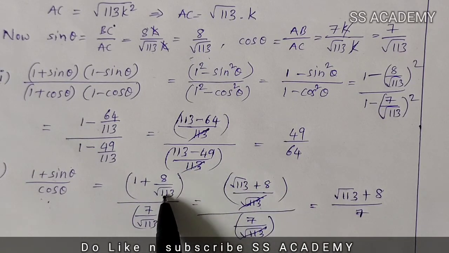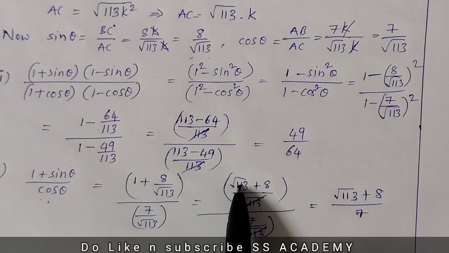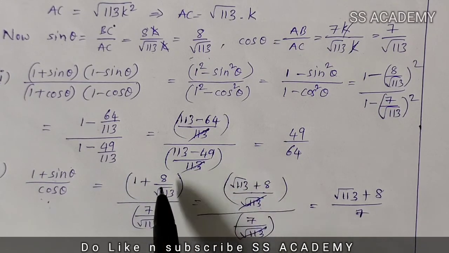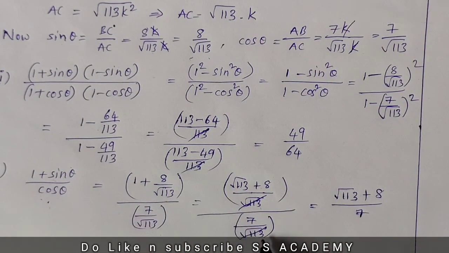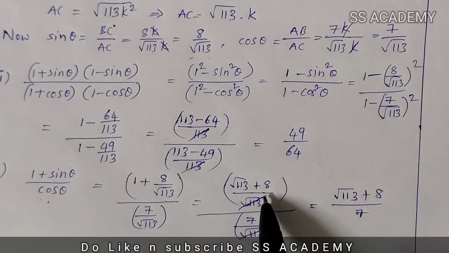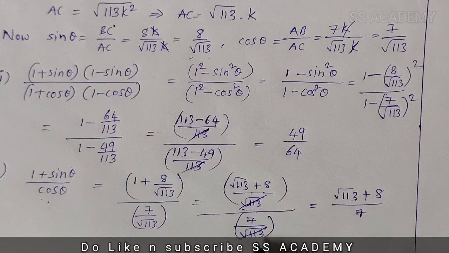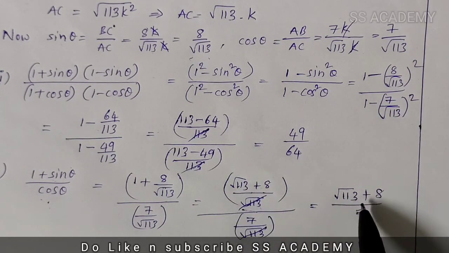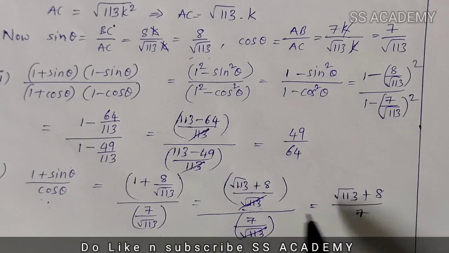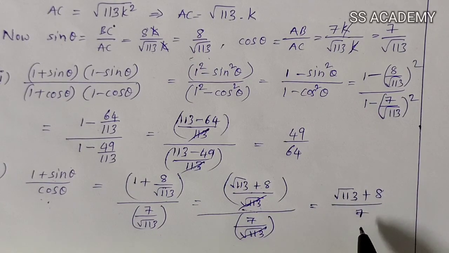So root 113 into 1, root 113, plus 8 by root 113. Here the denominator is root 113, and here also the denominator is root 113. Both denominators get cancelled, and root 113 plus 8 remains in the numerator and 7 remains in the denominator. So this is the answer. That's all.